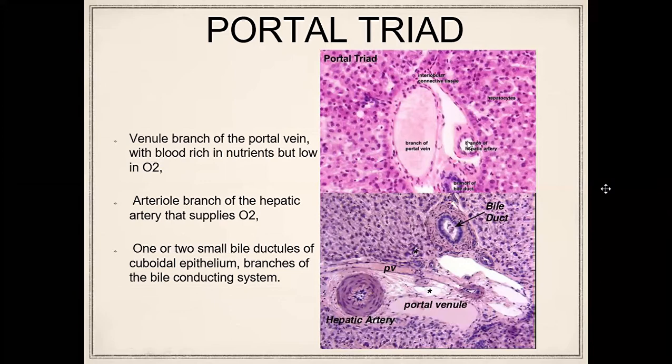So basically there are two: one is poor in oxygen but rich in nutrients, and the other is rich in oxygen. One or two small bile ductules of cuboidal epithelium are branches of the bile conducting system. So this will be your portal triad. You have a venule, an arterial branch, and a duct.